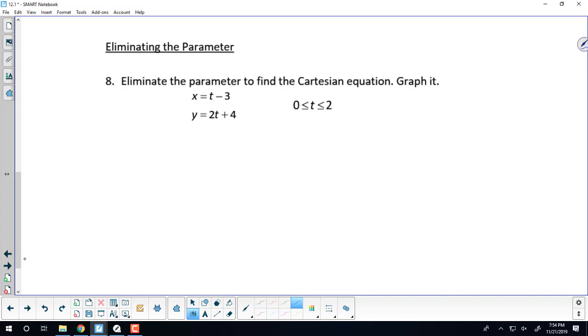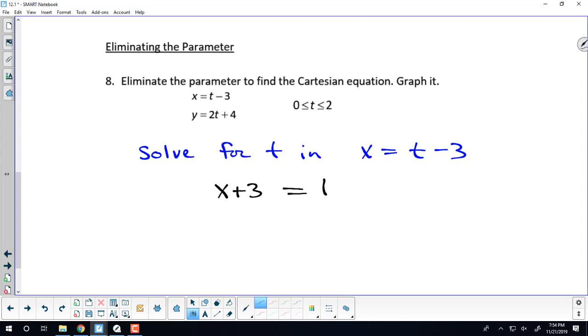So which one do we want to solve for here, x or y for t? X. Okay, solve for t in this one. So we have t is x plus 3, and then we'll plug that into our y.